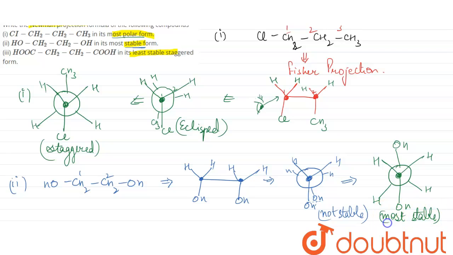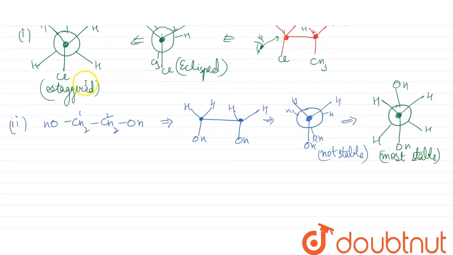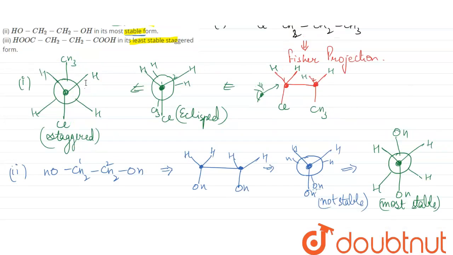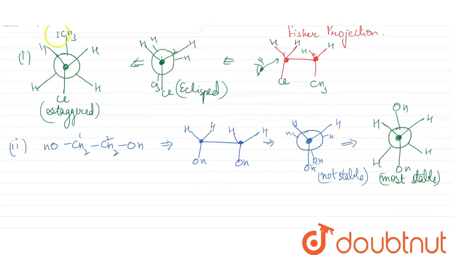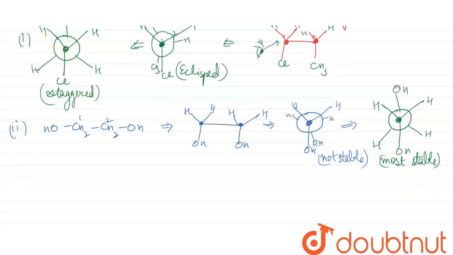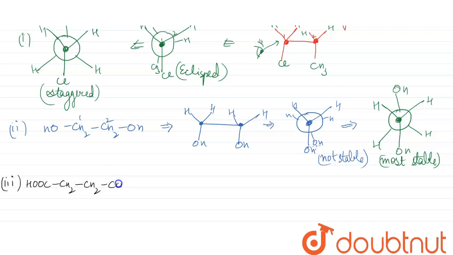Okay, so now coming to the third part. The third part is a dicarboxylic acid. Two carboxylic acids are attached. So here we have HOOC CH2 CH2 COOH.